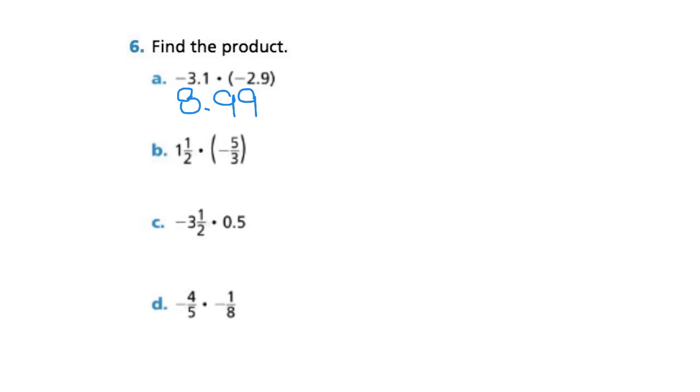So what we need to do is start out by changing this mixed number into an improper fraction. When we do that, we get 2 times 1 plus 1 is 3 halves. And we're going to multiply that by negative 5/3. Now you notice on our original problem, the negative was outside, but in my work, I moved it up with my numerator so I wouldn't lose my negative.